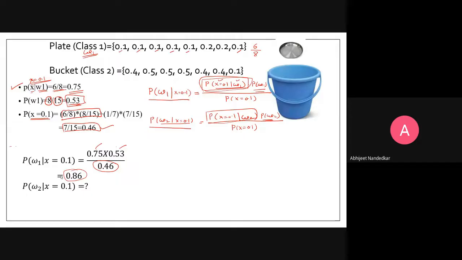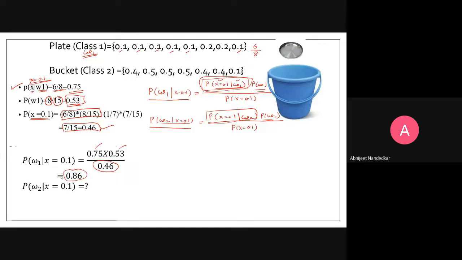Now my question is, what will be the chance that it belongs to omega 2? We have found out right now that the given object which measures 0.1 belongs to the plate category to the extent of 86%. So there is an 86% chance that whenever you measure 0.1 diameter, it is a plate.